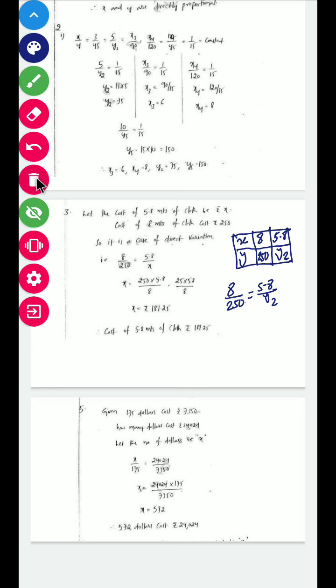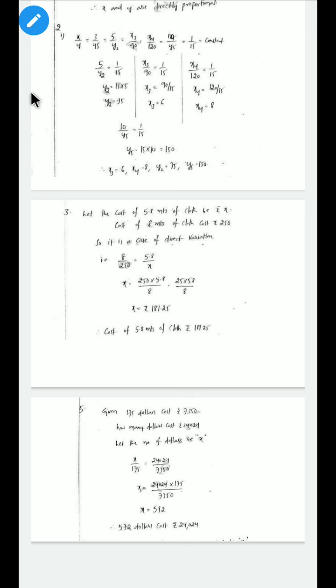Now go to question number 5. If $175 costs 7,350 rupees, how many dollars can be purchased for 24,024 rupees?